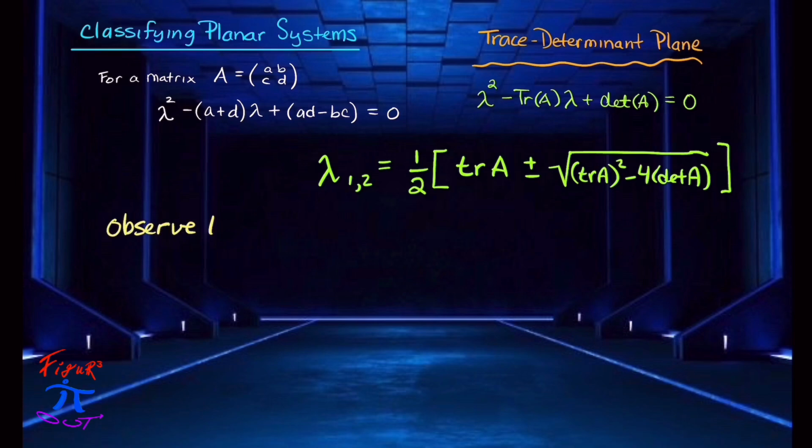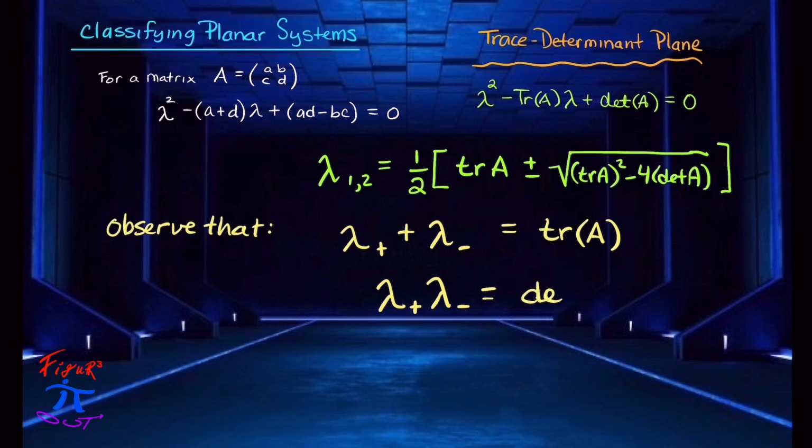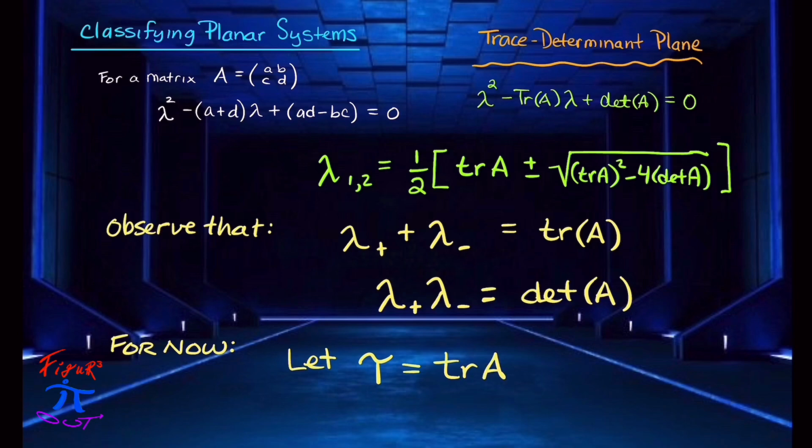So that gives us a lot of predictability power if we know both the trace and the determinant of our matrix A. Notice again that the trace is the sum of the roots of the characteristic equation, and the determinant is really the product of the roots of the characteristic equation.